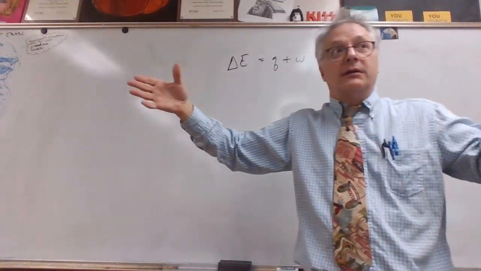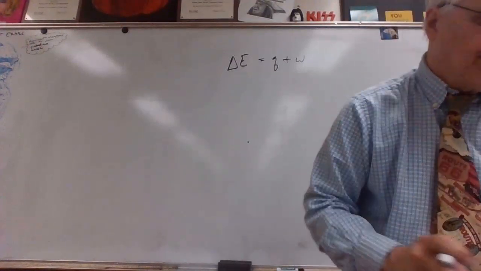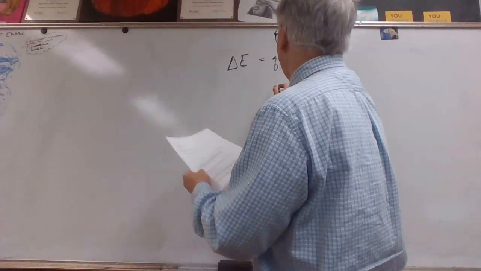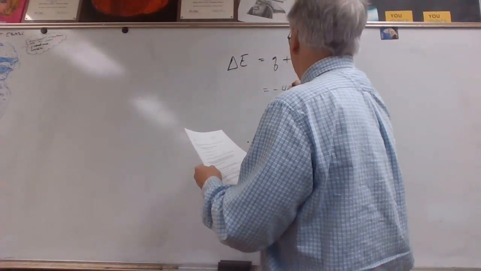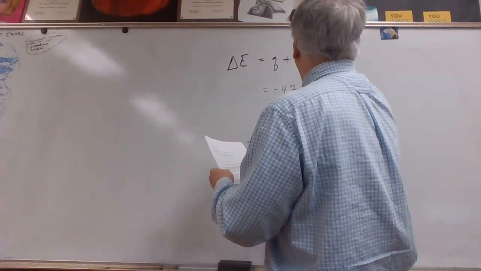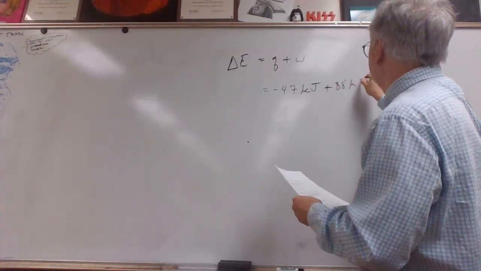If the system is absorbing heat, Q is going to be positive. So let's take a look here. We have delta E. If Q is negative 47 kilojoules, and work is positive 88 kilojoules.